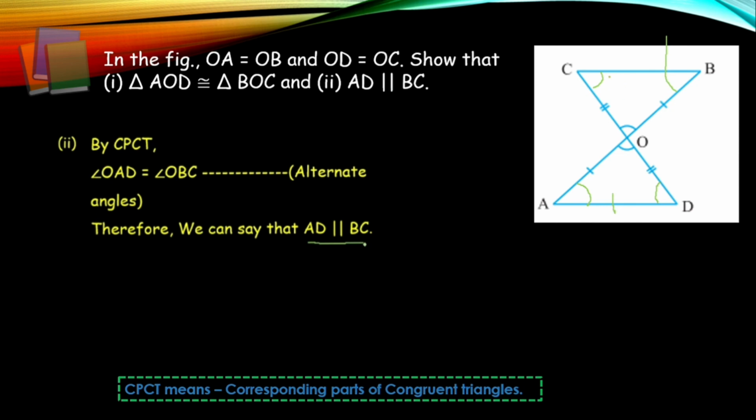Because these two triangles are proved to be congruent. If they are congruent, that means all their angles and all their sides will be equal. So that's why we took the angle OAD as equal to the angle OBC.